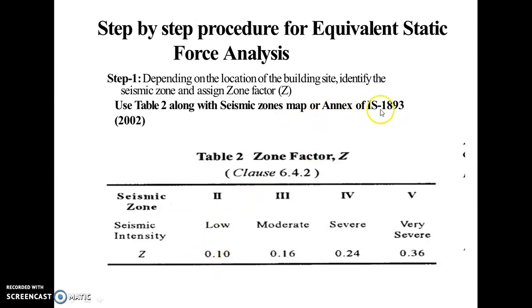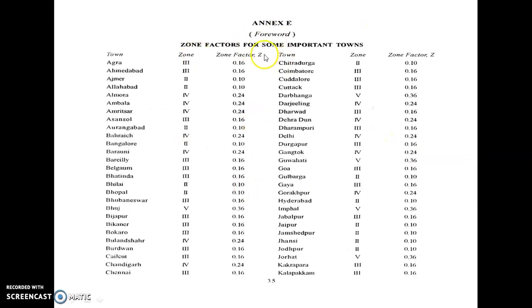If you do not know in which zone our city falls, IS 1893-2002 gives an annexure. In the annexure they give the zone as well as the zone factor values. These are the annexures which we find in IS 1893-2002. Here are different cities with zone and zone factor. So you have to find the zone factor.